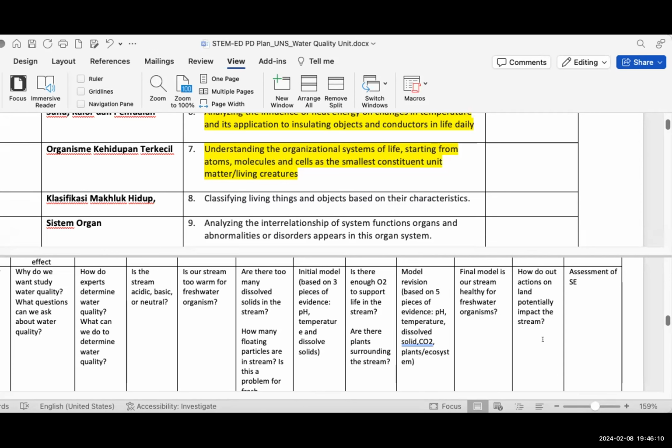I think here they will first discuss the action, and I hope the end product should be, I'm thinking of 3 kinds of products. First is the poster.